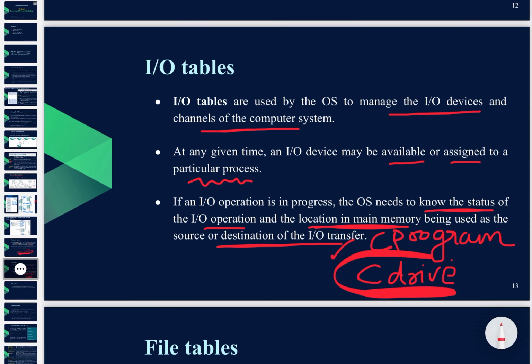So, the OS should know this location and also should know which program needs the input, so that it can give this input. The OS needs to know the status of the input output operation and the location in the main memory. So once it comes to know the location in the main memory, what happens? It does the IO transfer.